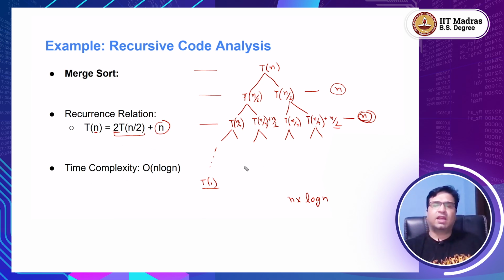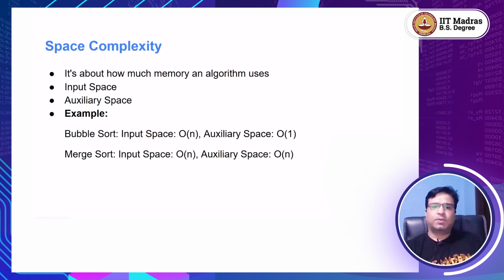So in this way, we can calculate the complexity for recursive code. You can explore this in more detail, like the recurrence relation, and how we can solve a recurrence relation with the help of the recursion tree and the master theorem. Next is space complexity.